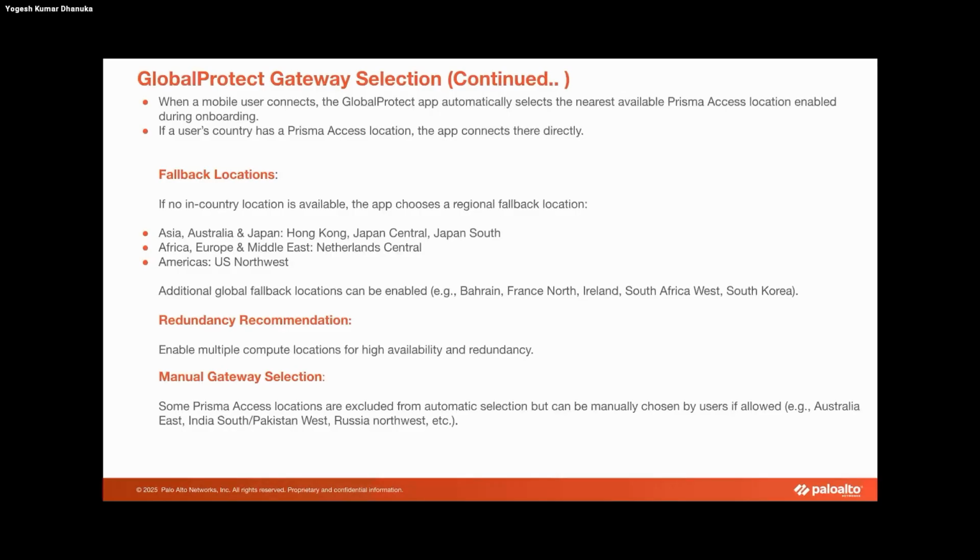So for example, the first criteria is that the GP will first look at its own in-country location. For example, you're connecting from India, and you have a gateway within India, then that will have the first priority. And let's say within the same country, you have more than one location. For example, in Australia, you have Australia South, Australia Southeast, and Australia West.